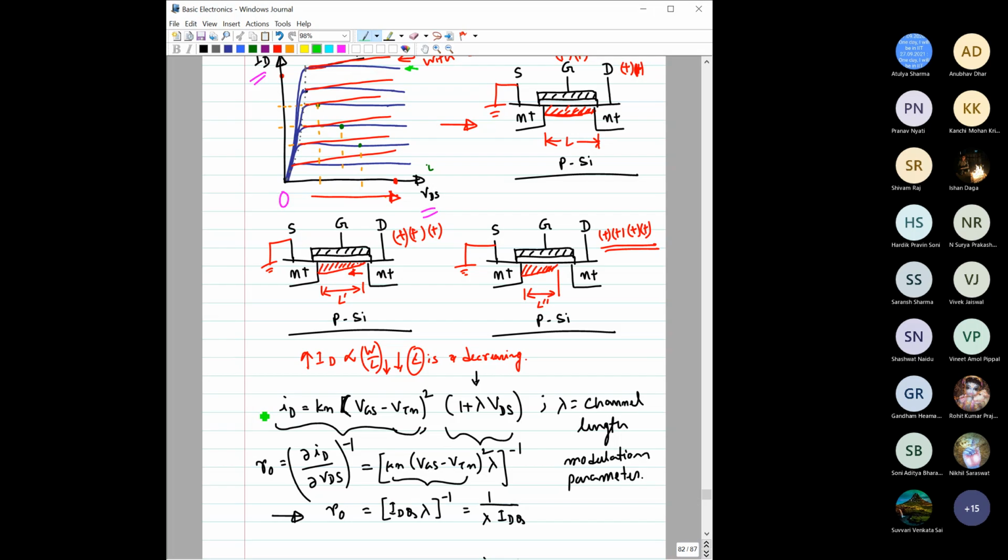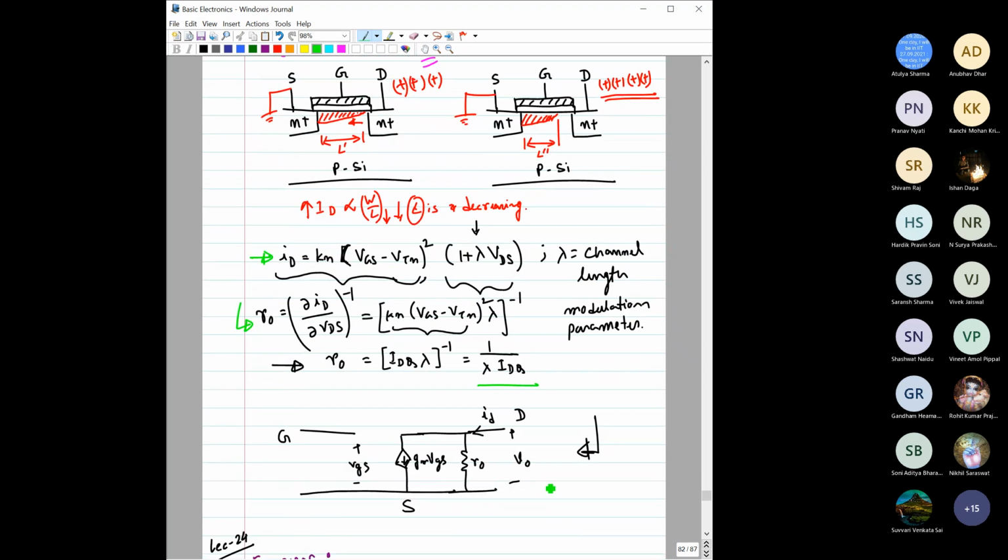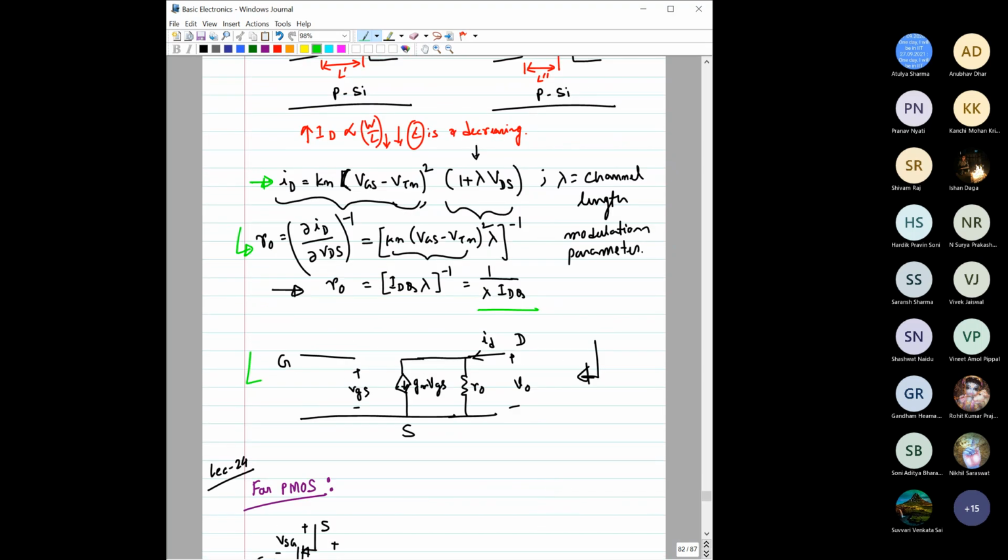We have written the ID equation like this to represent the channel length modulation effect. Then from here we found the expression of r0, which comes out to be 1 by lambda IDQ. So we have to include this r0 here.